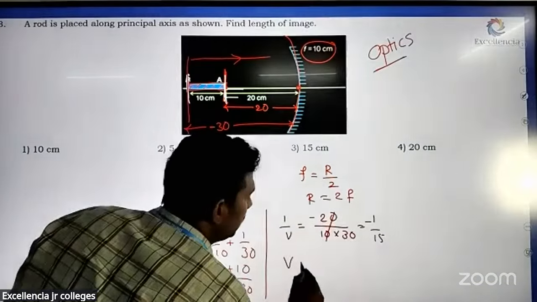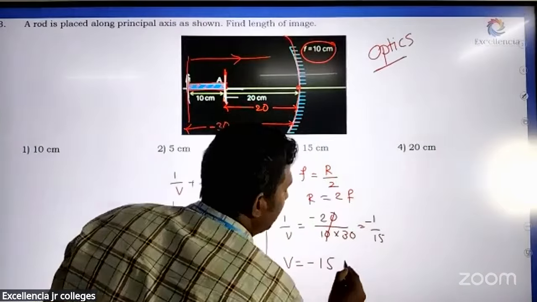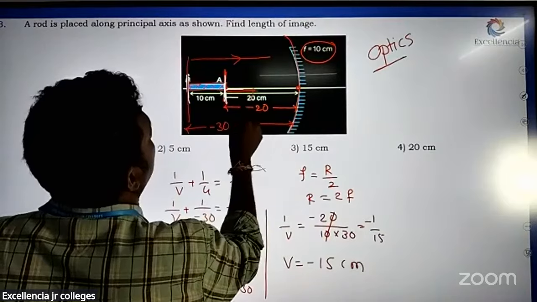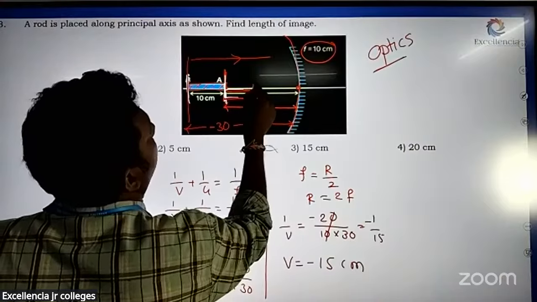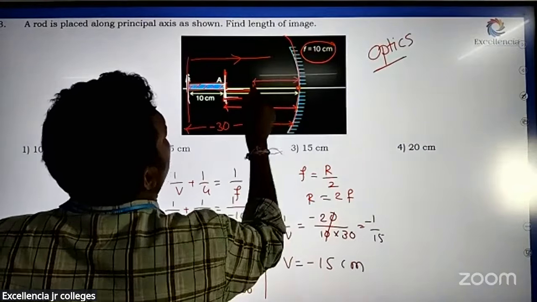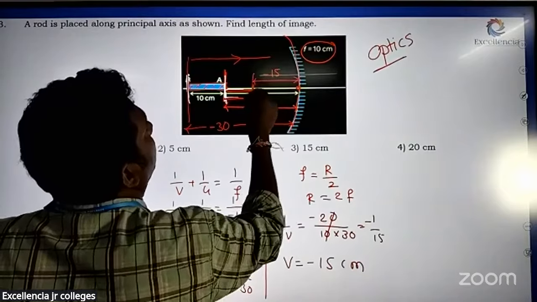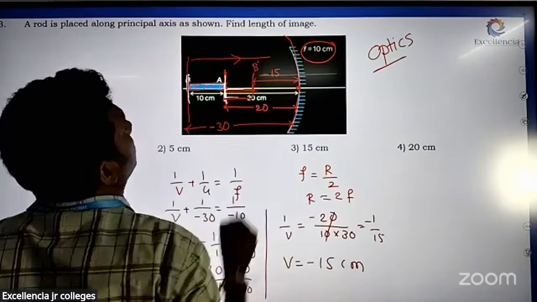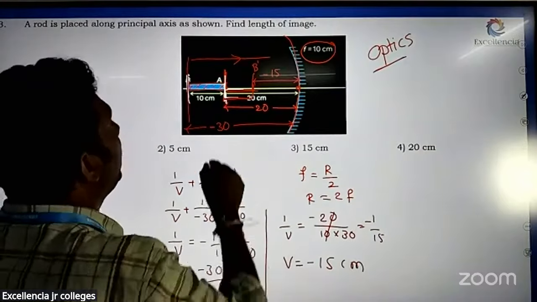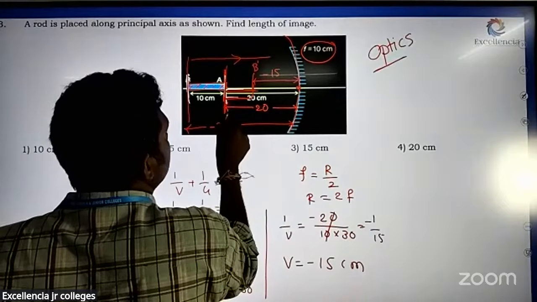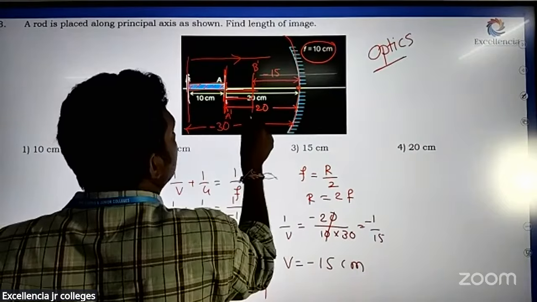Here V equal to minus 20 means the image is on this side. So this distance will be minus 15. This point will be the image of B, and it will come downward. This will be A dash and this will be B dash.